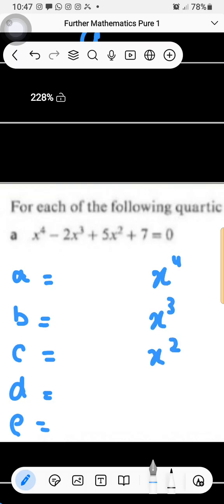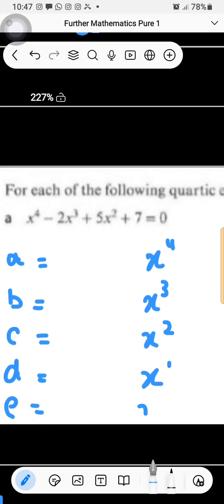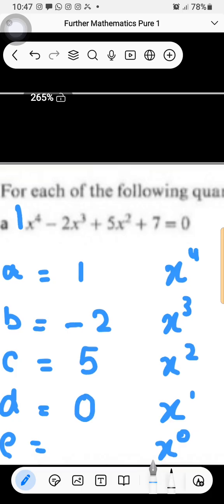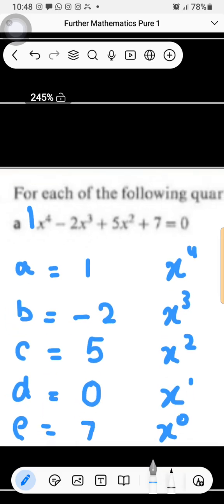Coefficient of x square. What is d? Coefficient of x power 1. And what is e? A constant. So a is 1 here. B is minus 2. C is 5. For d, we are not getting where is x in the equation. There is no x in the equation, so d is equal to 0 and the constant is 7.